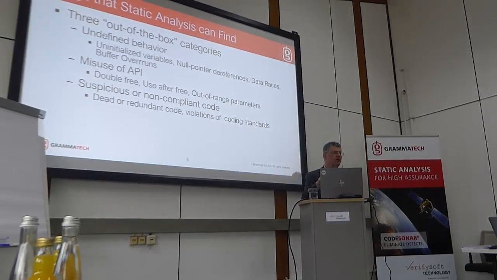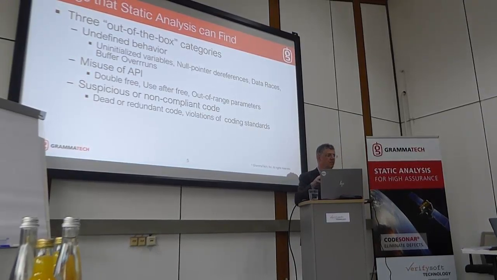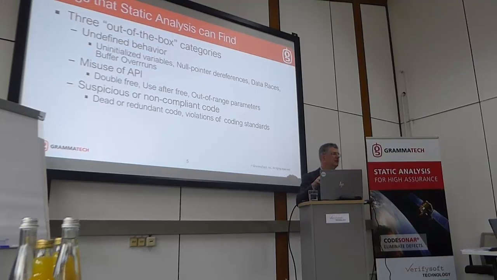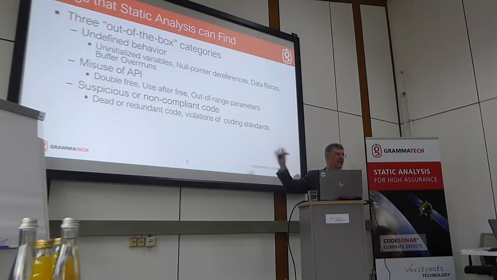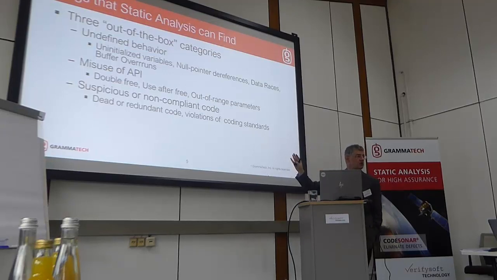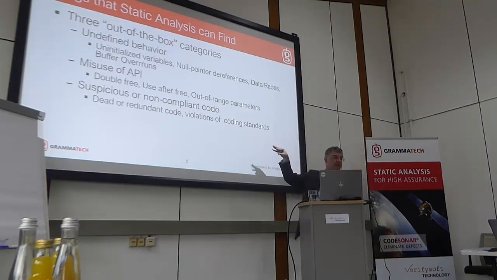They often correlate well with the fact that the programmer didn't understand something important about the code. And furthermore, there are some coding standards that completely forbid things like redundant code or dead code. Many of the checkers that are violations of coding standards, like MISRA and so on, are in that third category.